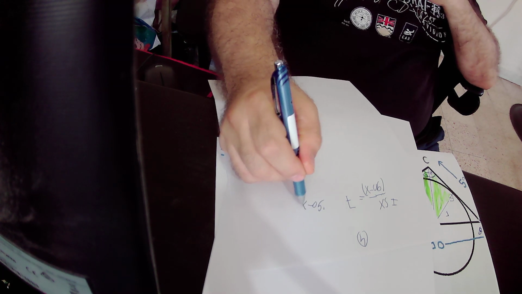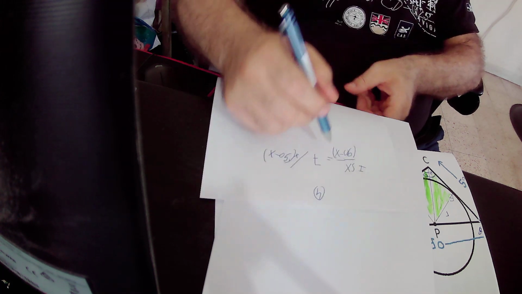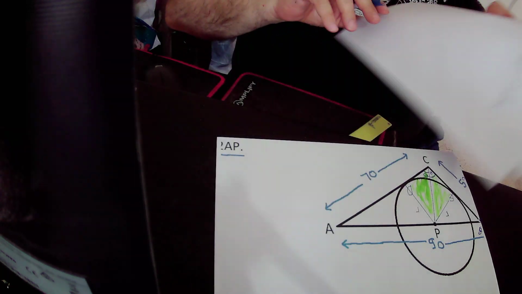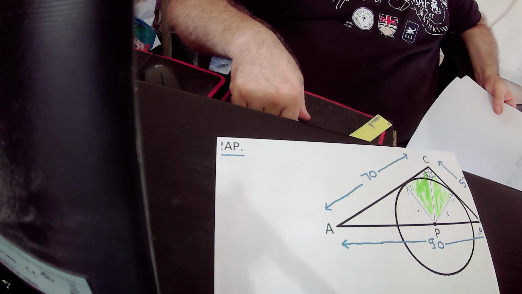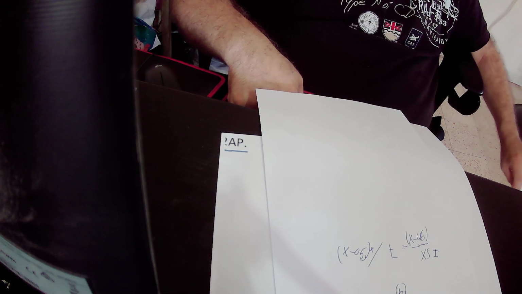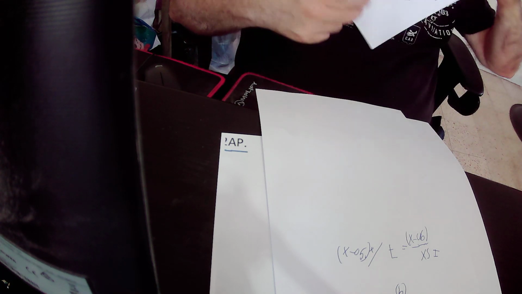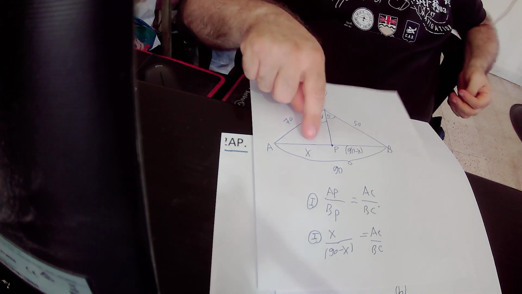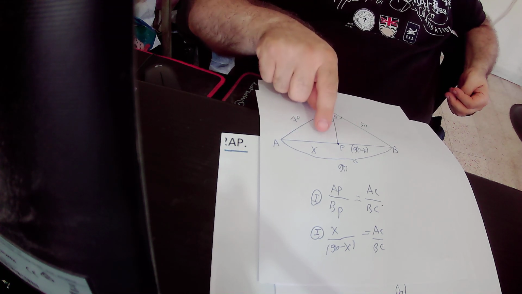It is allowable to multiply by 90 minus x because, as you can see in the picture, here x is smaller than 90.